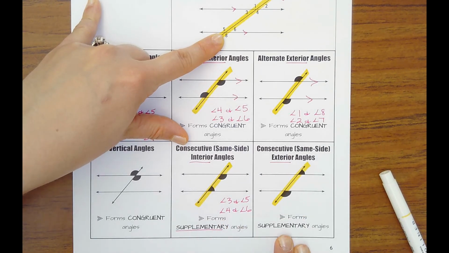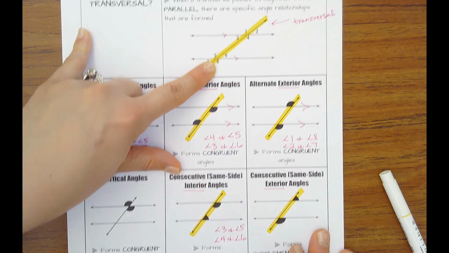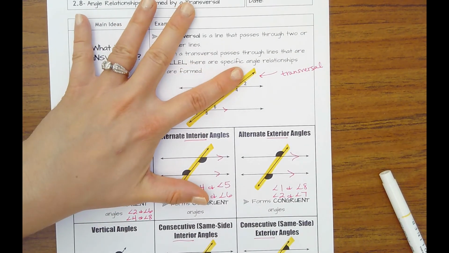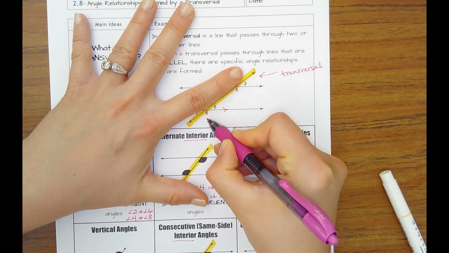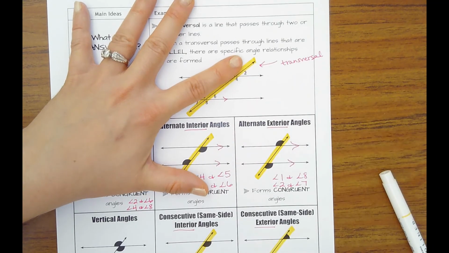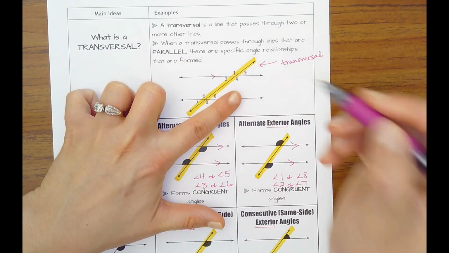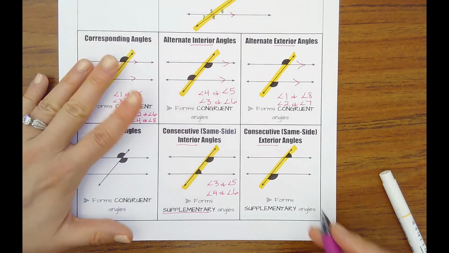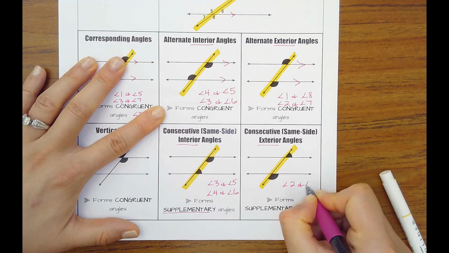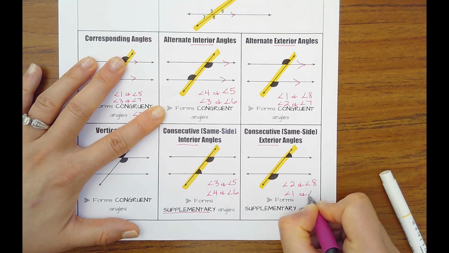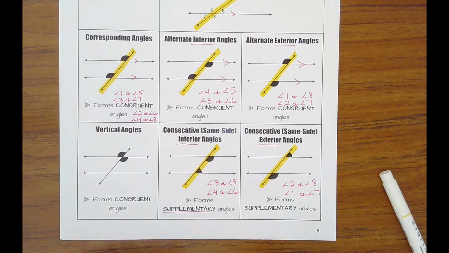And then the same side or consecutive exterior, so they have to be on the same side, would be like 2 and 8, and then it would be 1 and 7. Once you get familiar with them, they're not too bad.